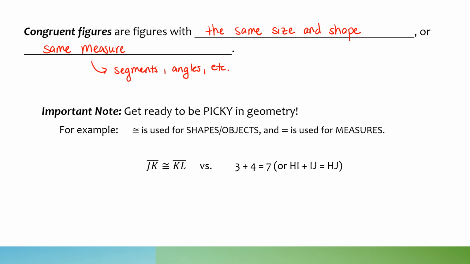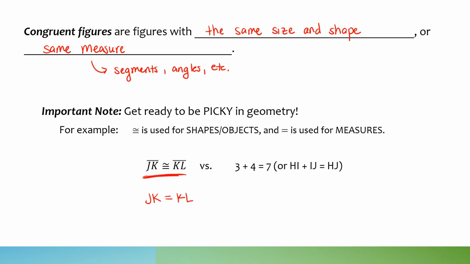Okay, now what else is on this page is just a little bit of a continuation of what I was mentioning earlier. We do get quite picky. Okay, so when we're talking about things being congruent, it is figures that are congruent to one another. So on the left-hand side here, we have two segments that are congruent, whereas we could alternatively say that their measures are equal to one another.